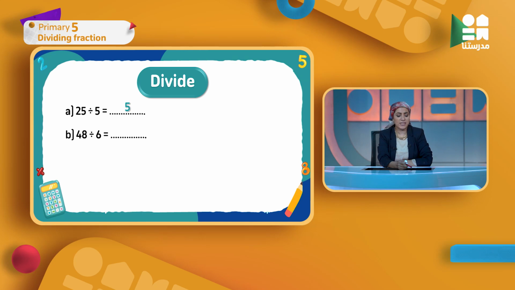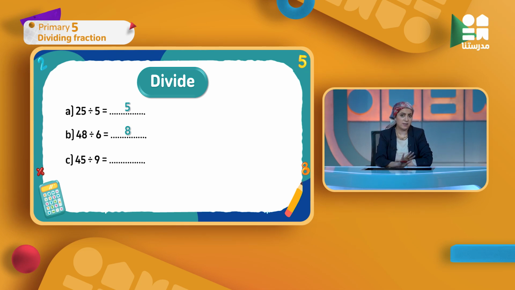Okay. Now let's move to the second one. Letter B, 48 divided by 6. Again, I will go to table 6 and see which number in table 6 will give me 48. It's, of course, yes, 6 times 8. So the answer will be 8. Now let's move to the third one. 45 divided by 9.